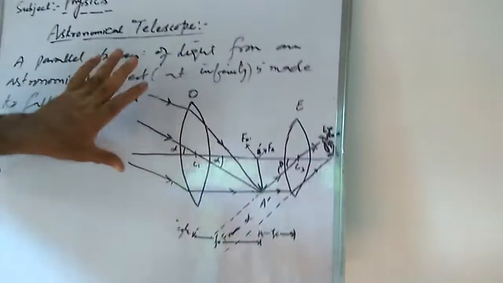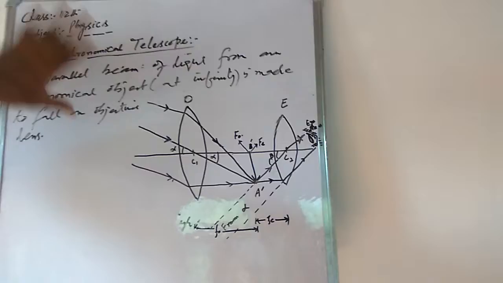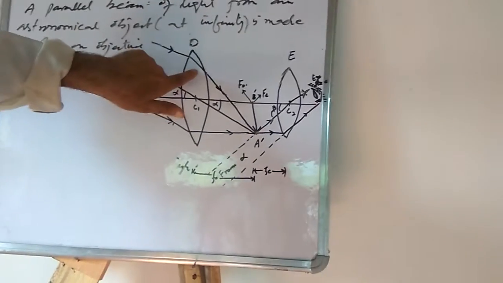Now look at this one. This is a parallel beam of light from the object at infinity made to fall on the objective lens.